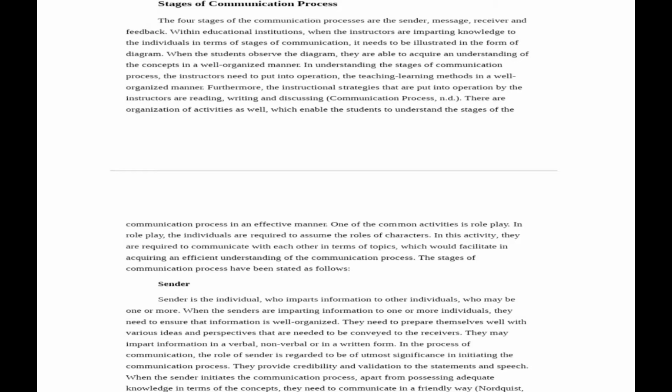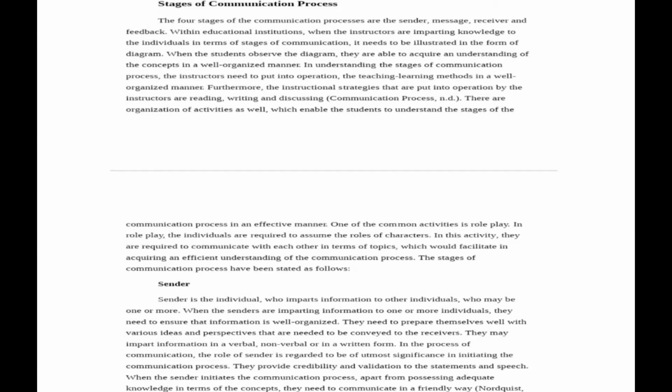Furthermore, the instructional strategies that are put into operation by the instructors are reading, writing, and discussing. They are organization of activities as well, which enable the students to understand the stages of the communication process in an effective manner.